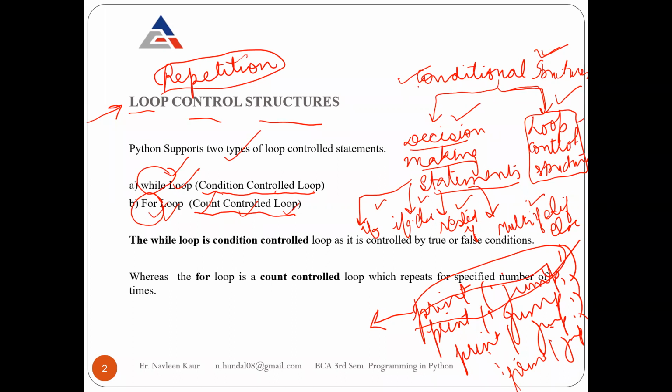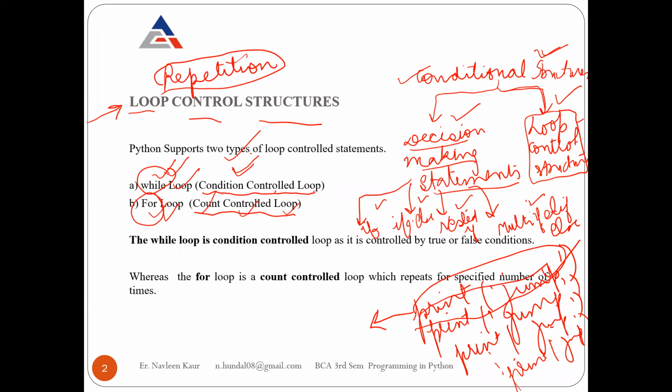So the answer is right after it, that while loop is condition controlled. Condition controlled means this while loop is controlled by a condition. Every time you run statements which are under while loop, you keep on checking the condition. If the condition still is true, the statements run. Again, you check the condition.